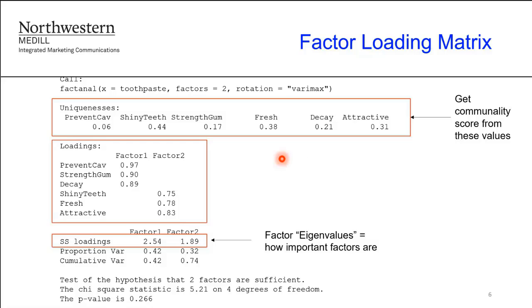Based on the factor loading guidelines that we saw in the previous lecture, all the factor loading values are excellent because their absolute values are over 0.7.